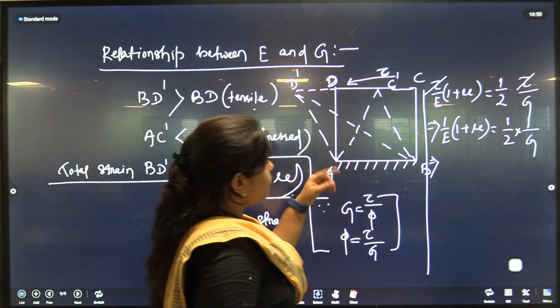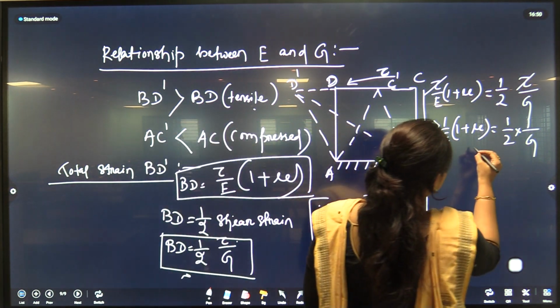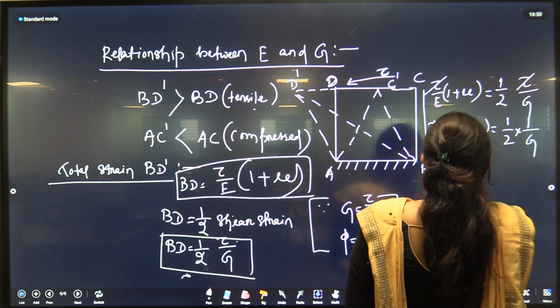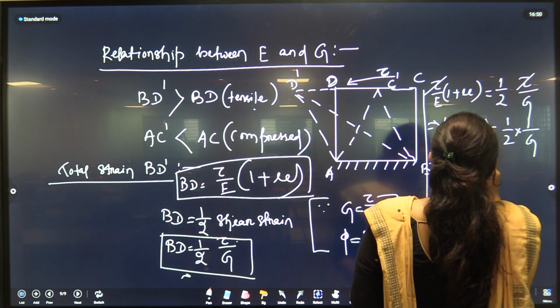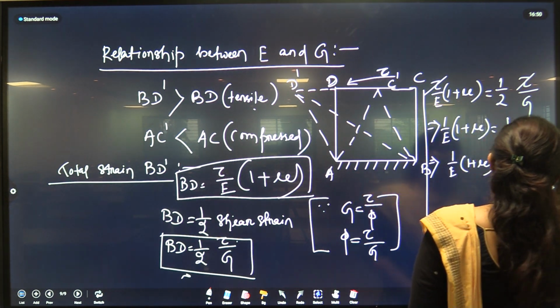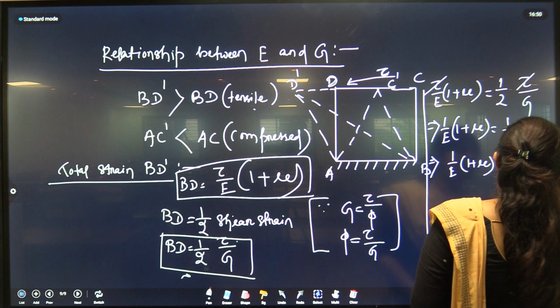1 by E into 1 plus mu equals 1 by 2 into 1 by G. Now, by equalizing those two, we will get 1 by E into 1 plus mu equals 1 by 2G.